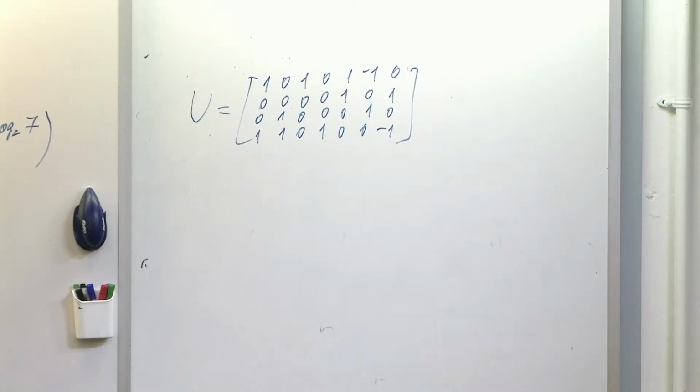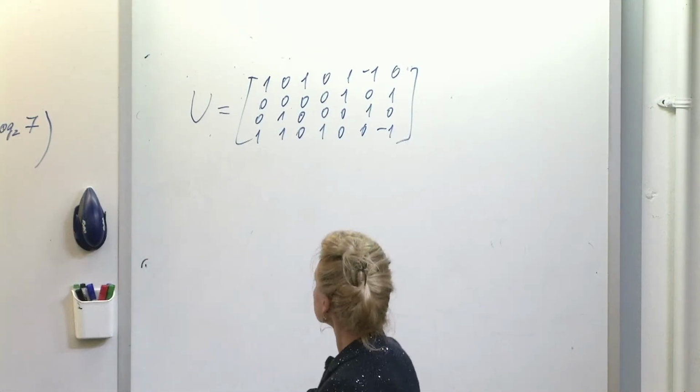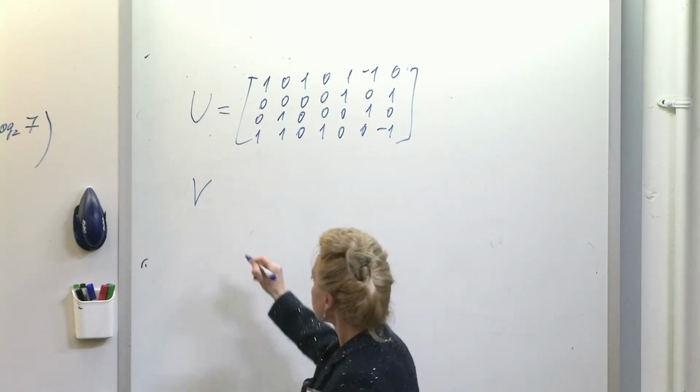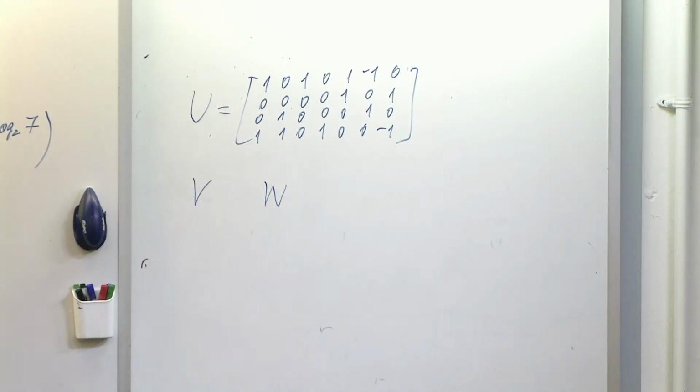In the same fashion, you can write the matrices, which are traditionally called U, V, and W. Don't ask me why, I don't know. So you can write a similar matrix for V, and a similar matrix for W. And what does W do? W will tell you how to decode stuff right here.